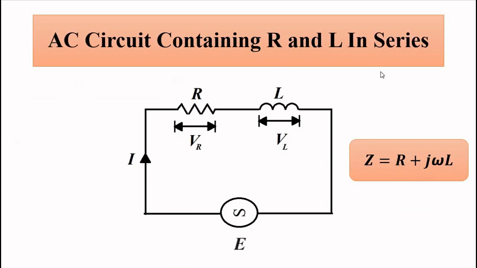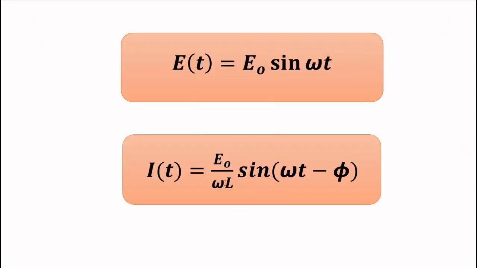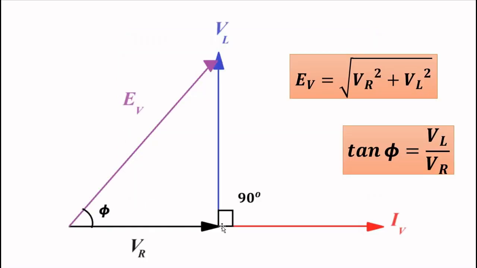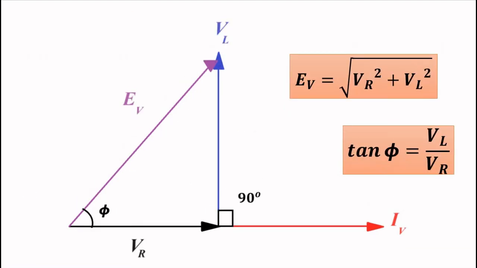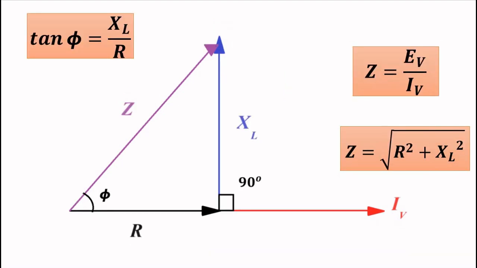We remember RL circuit, where the net impedance is R plus j omega L, and here the current lags behind the voltage by an angle phi which is in between 0 and 90 degree. That we are clear. This is the voltage triangle and this is the impedance triangle.